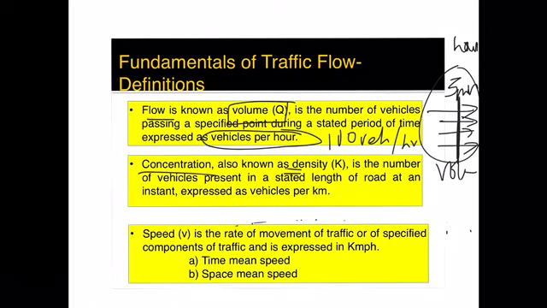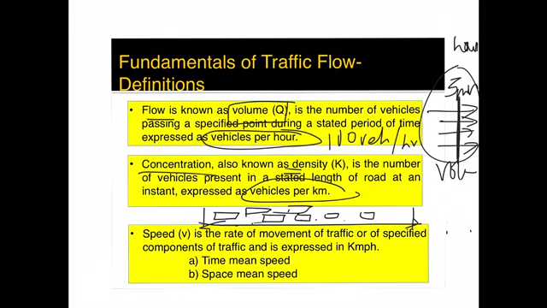We can express that in terms of vehicles per kilometer. Take a 1 kilometer stretch of road. Within this 1 kilometer stretch, how many vehicles can be occupied? That measures the density of traffic.